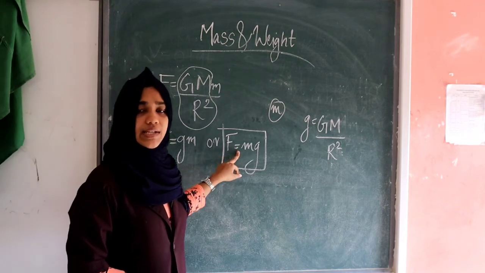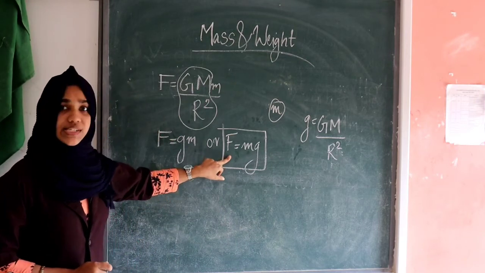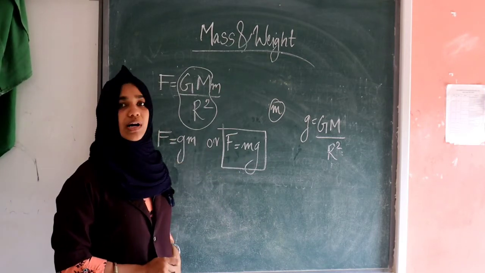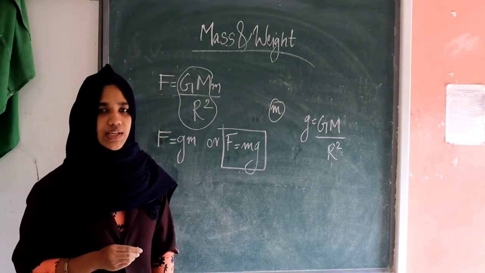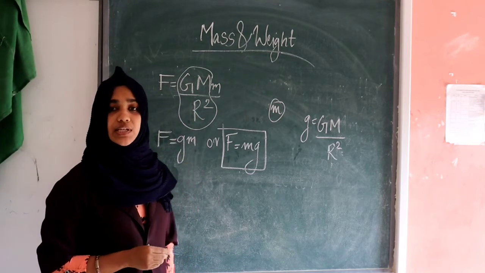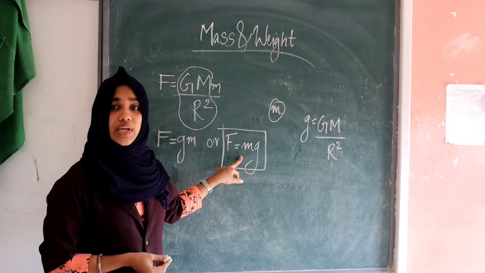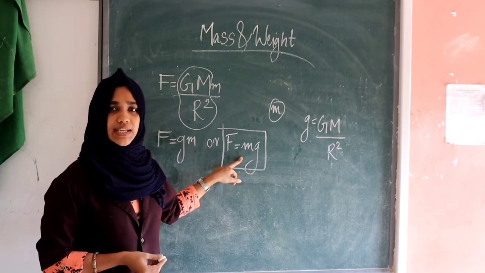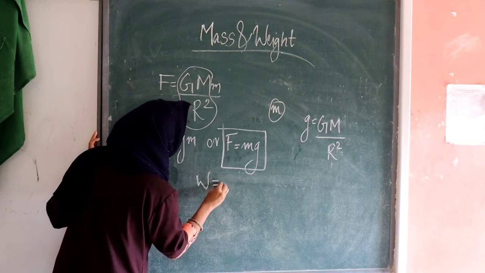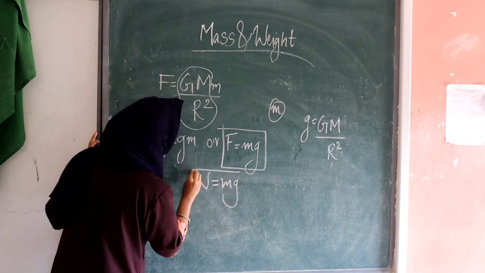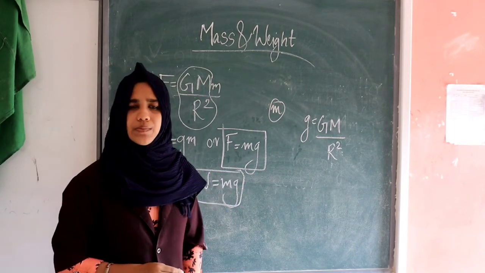This mg indicates the weight of the body. So we can write W is equal to mg.